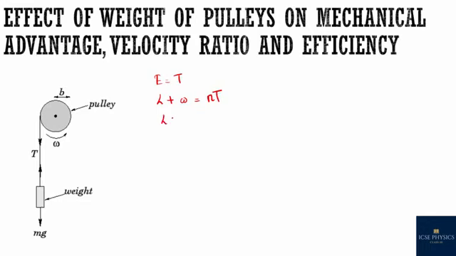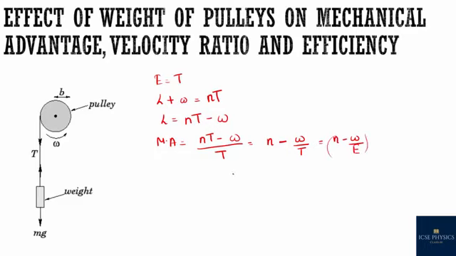Now what will the load be equal to? NT minus W. Now what will be the mechanical advantage? It's load by effort. Load is NT minus W by T, that is equal to N minus W by T, or I can write N minus W by effort, right?